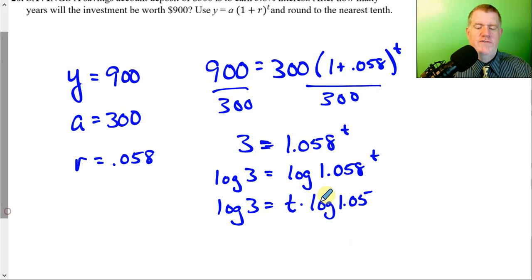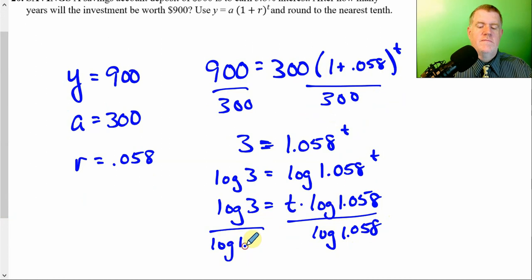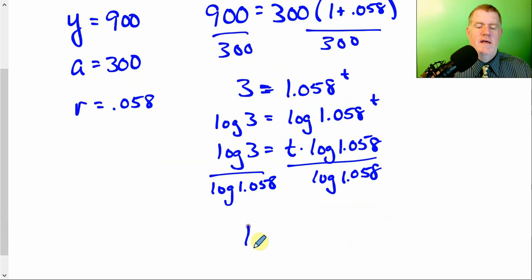And once that drops in front, I'm going to divide both sides by the log of 1.058. So if I take log of 3 and divide it by the log of 1.058, I get that. So it takes about 19.5 years.